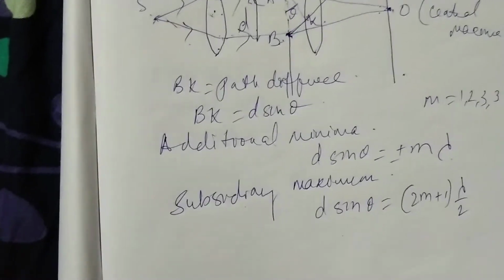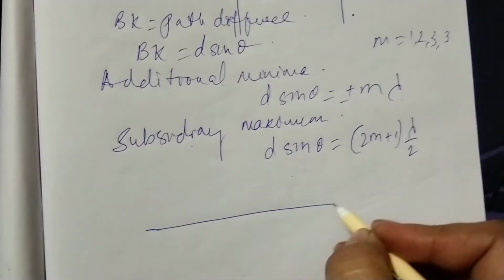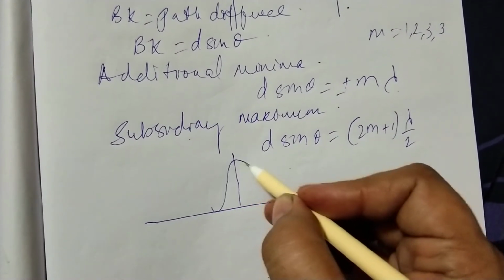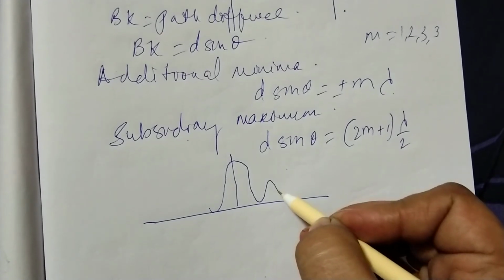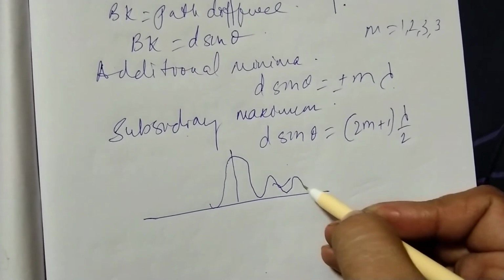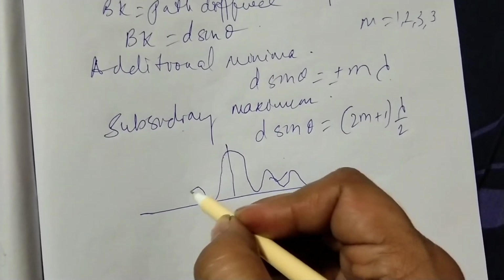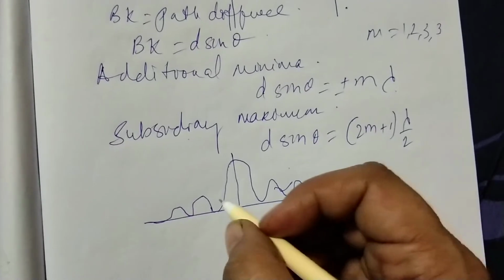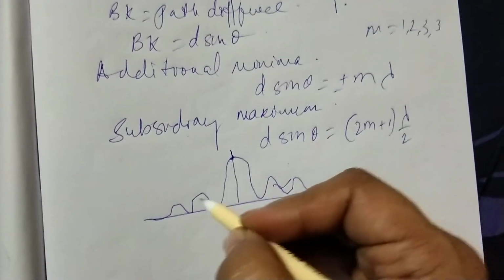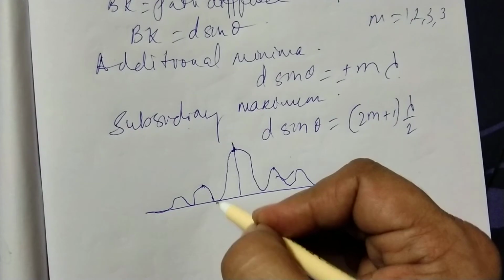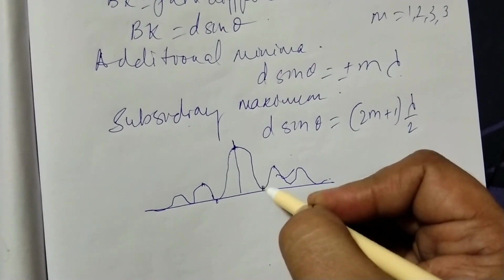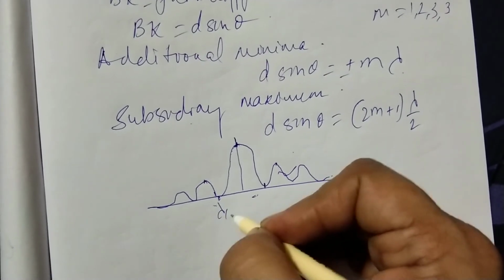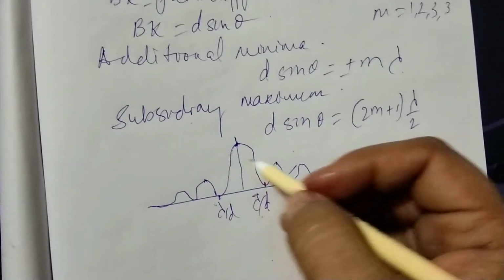Now what pattern are we getting? If this is the middle one, the central is always the maxima, then slowly you will find that the intensity is decreasing. It is not the same. From here this is the first maxima, this is the second, and here we have the minima. For the minima, it is lambda by d on each side, and this is the angular spread.